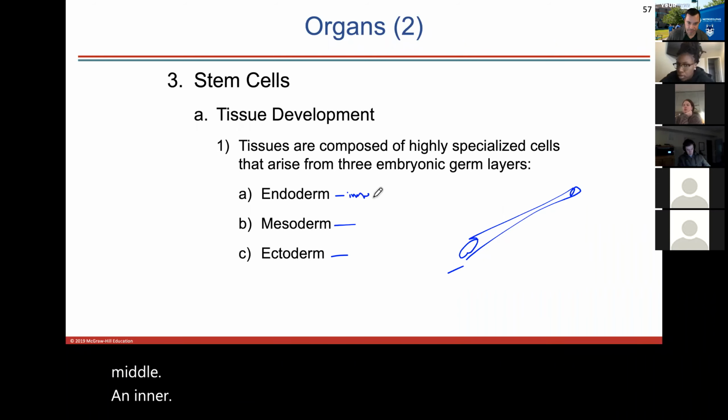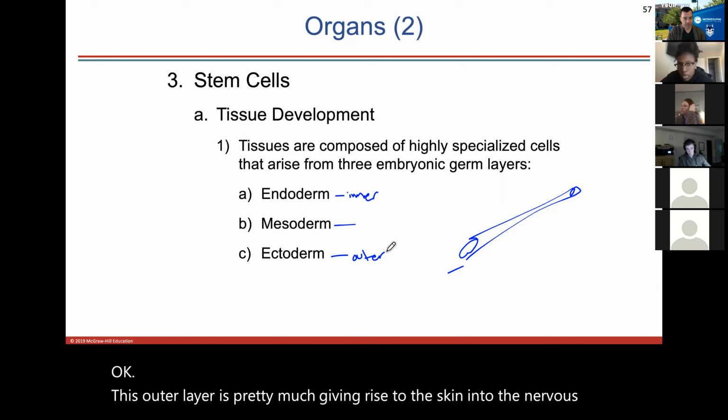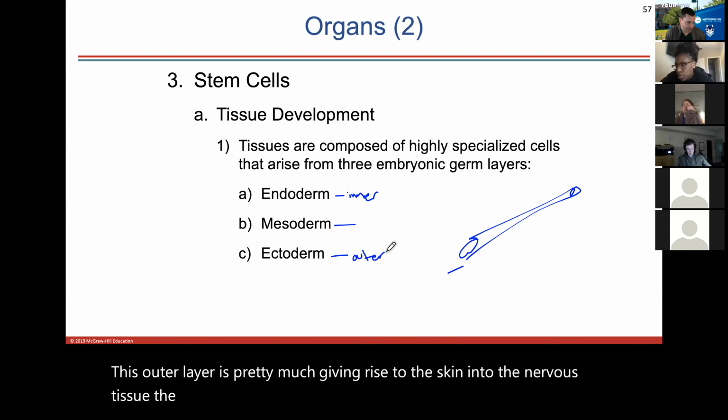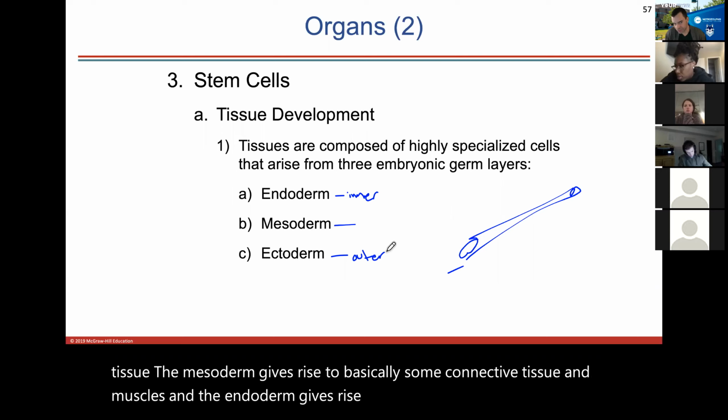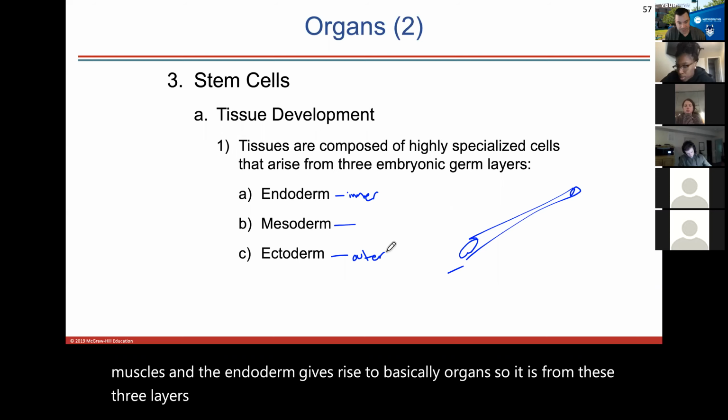The outer layer, the ectoderm, gives rise to the skin and to the nervous tissue. The mesoderm gives rise to connective tissue and muscles. And the endoderm gives rise to basically organs. So it is from these three layers that everything pops up.